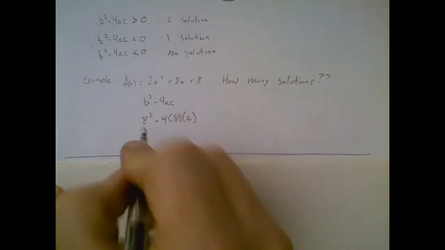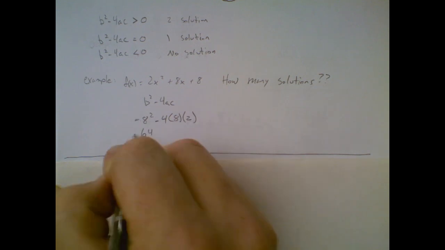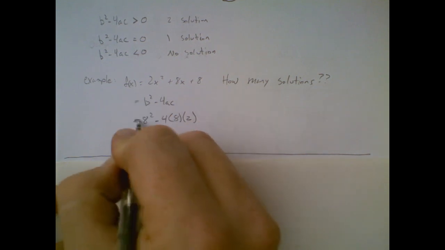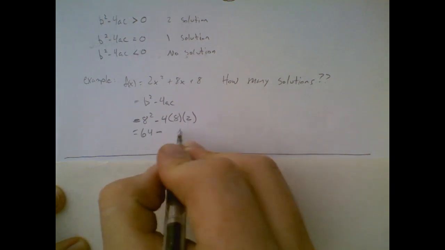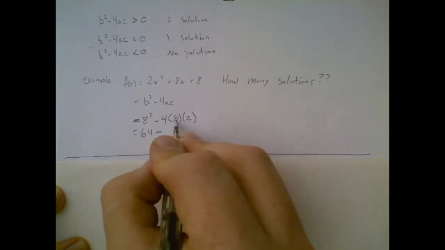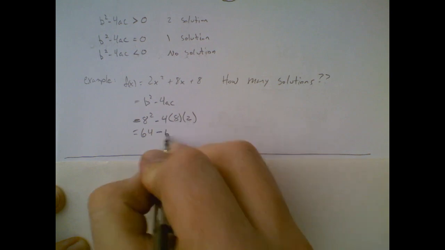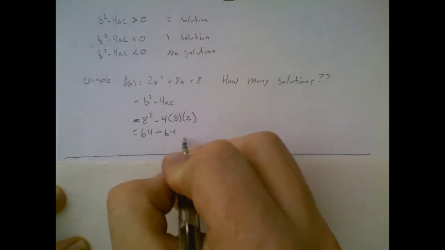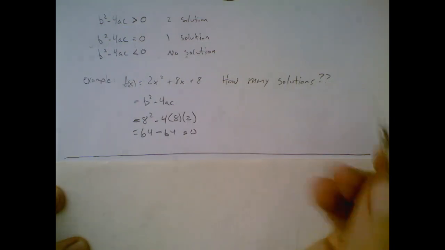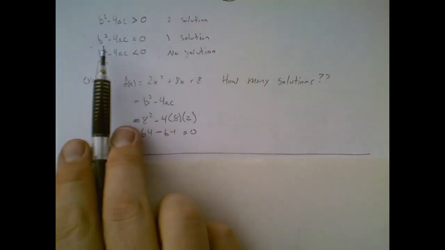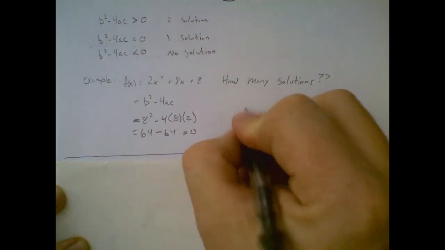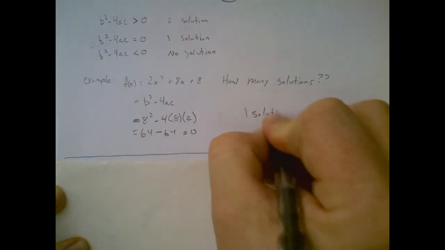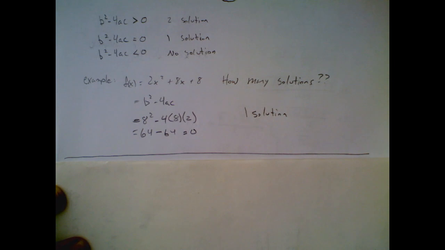Order doesn't matter. So we have 64 minus 4 times 8 is 32, 32 times 2 is 64. So the discriminant equals 0. We know right away that if b squared minus 4ac equals 0, there is one solution. And that's all you have to do when you're trying to figure out how many solutions there are.